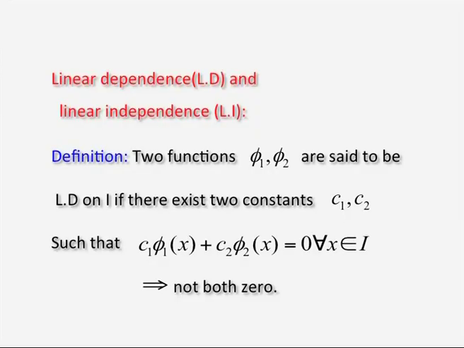Two functions φ1, φ2 are said to be linearly dependent on I if there exist two constants C1 and C2 such that C1 φ1 plus C2 φ2 is equal to 0, which implies that both C1 and C2 should not be 0 here.